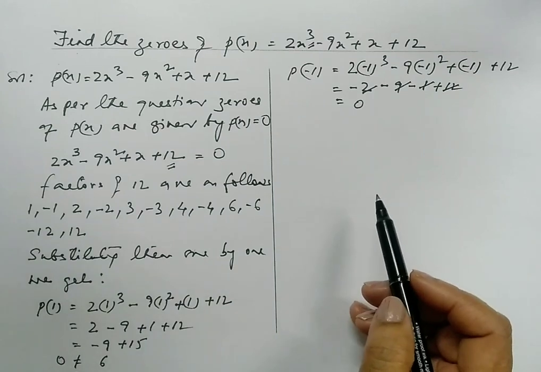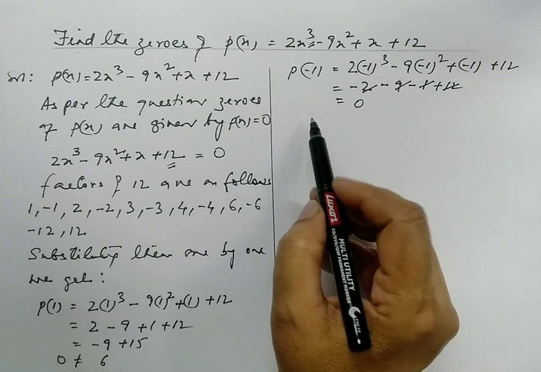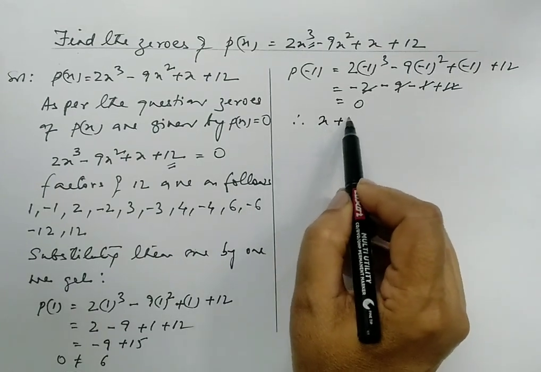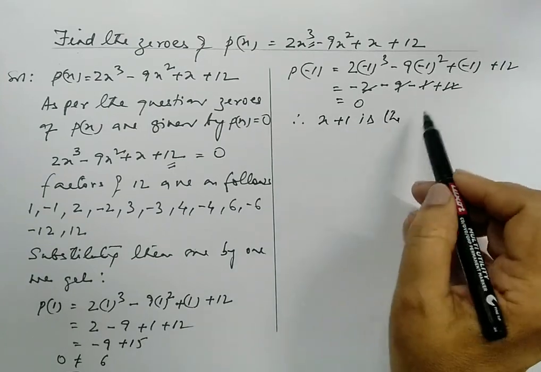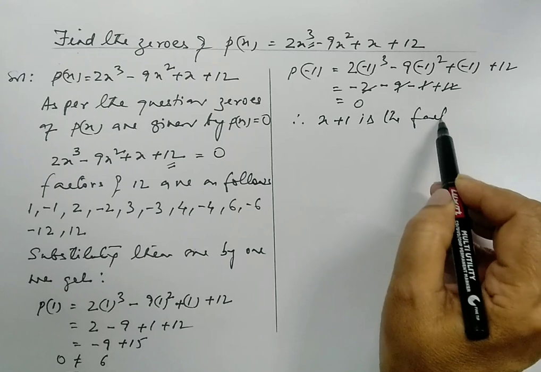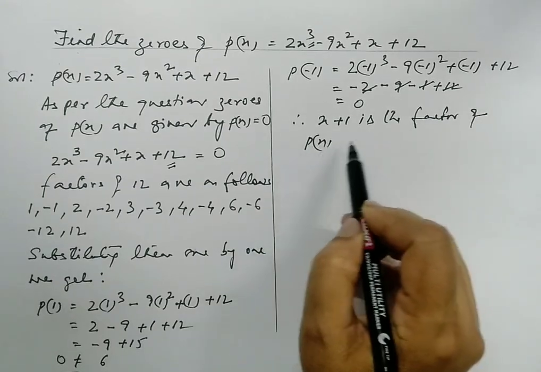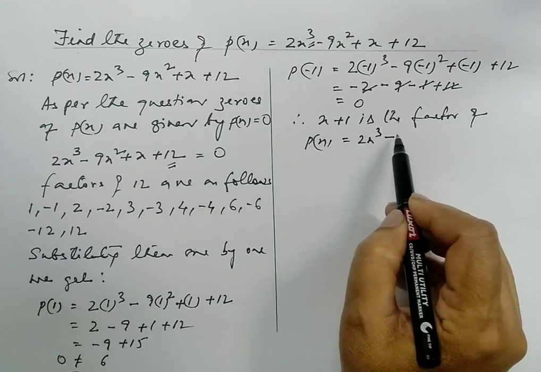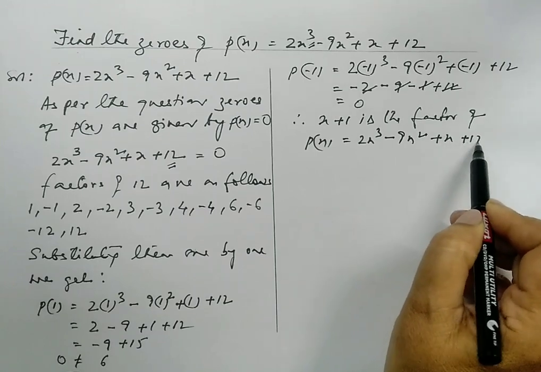So we have found our first zero, therefore x plus 1 is a factor of p(x) equals 2x cube minus 9x square plus x plus 12.